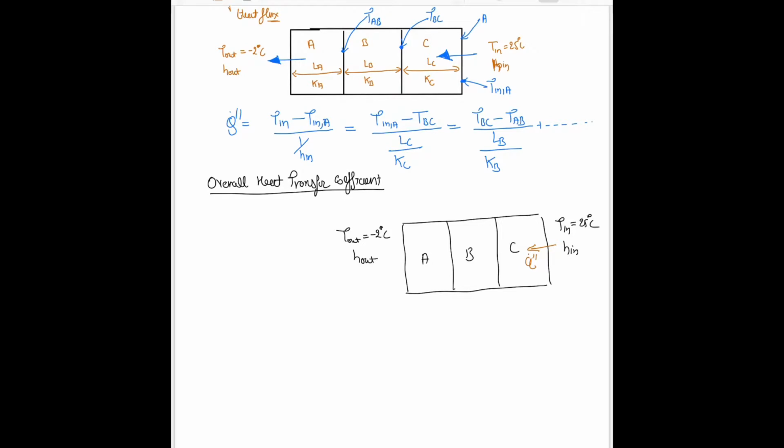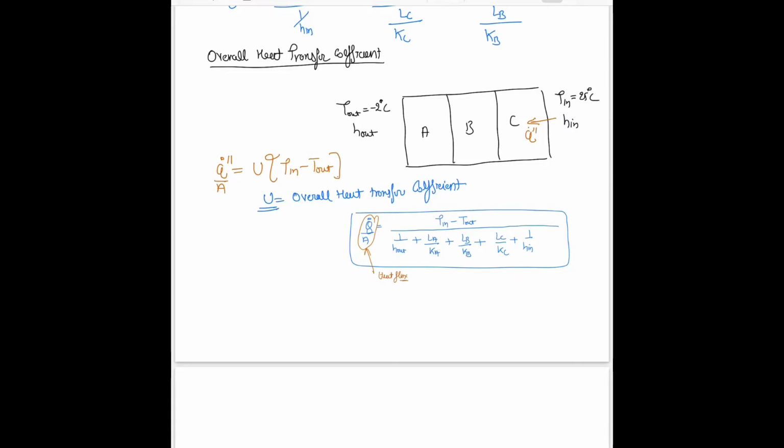So now we can also define the heat that we calculated in the previous part as Q dot equal to overall heat transfer coefficient U times area times T in minus T out. This U is known as the overall heat transfer coefficient.